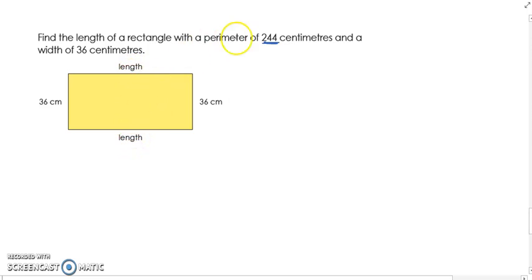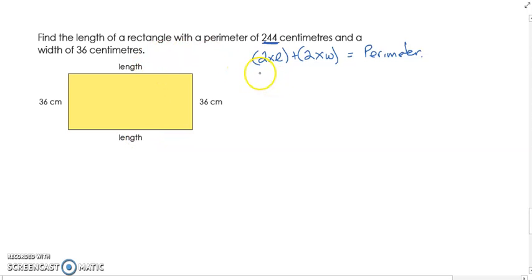All right, so how we're going to do this, we know the formula. We know what we do to find the perimeter of a rectangle. And we can say 2 times length plus 2 times width is equal to the perimeter. Remember we learned that in the last class, and in the video as well. So let us put some information in. 2 times length. Do we know what the length is?